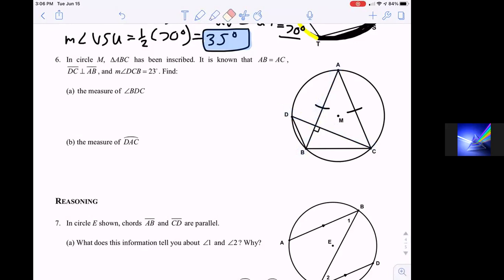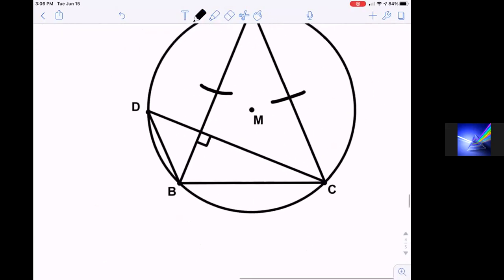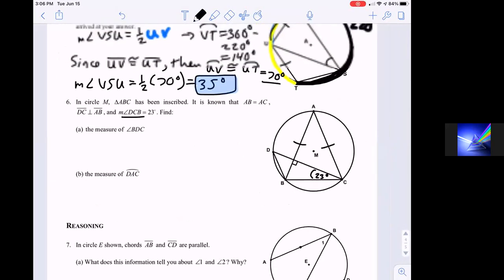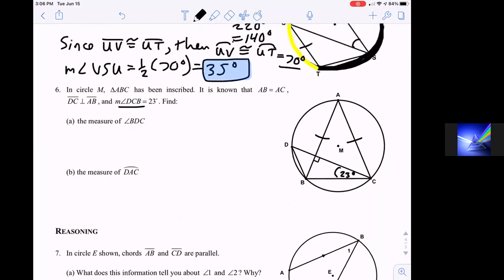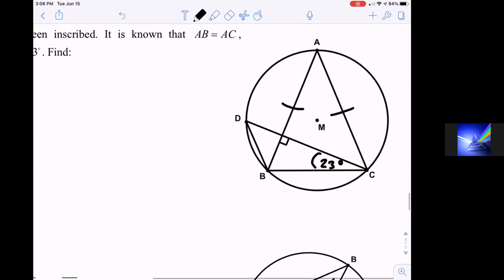And then lastly, we know that the measure of DCB, this angle right here, is 23 degrees. So we need to find the measure of BDC, that's this angle here.